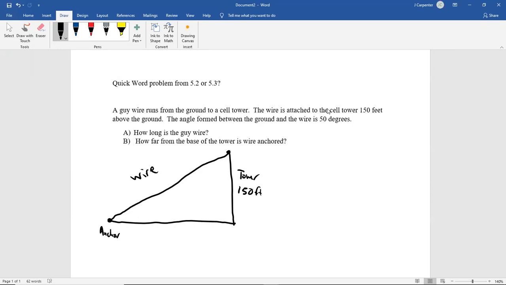If you wanted to give these letters, the hypotenuse is the wire, so I would call that our C. And the 150 you could call the A or the B. I'll call it the A, which means this distance would be the B. And they told us that the angle formed between the ground and the wire is 50 degrees. So this angle between the wire and the ground is 50 degrees. This is, of course, a right angle because this is not the Leaning Tower of Pisa. It's built straight up, appropriately, good construction.